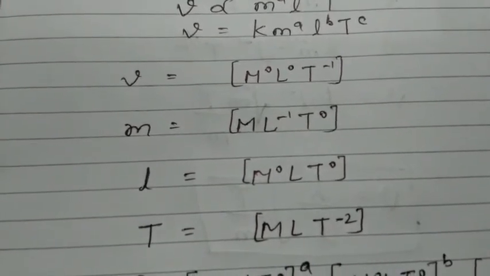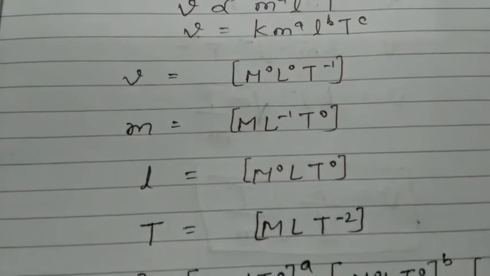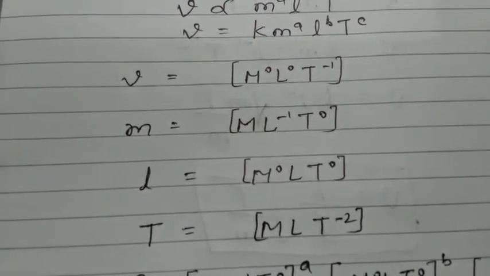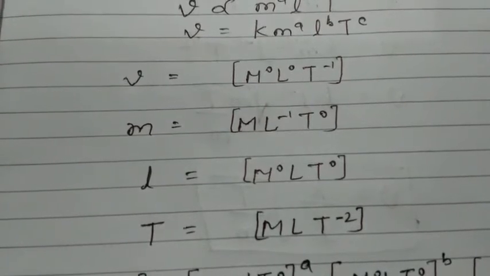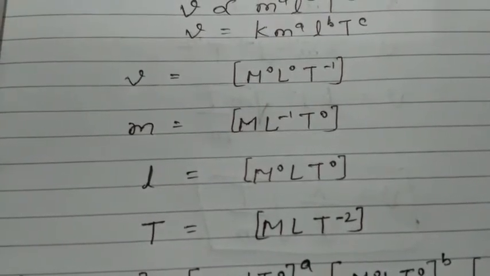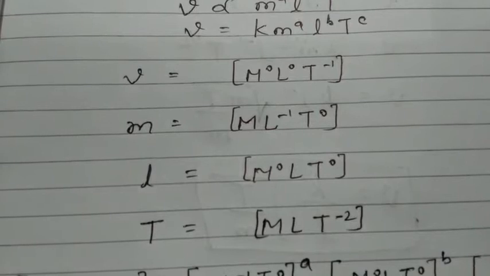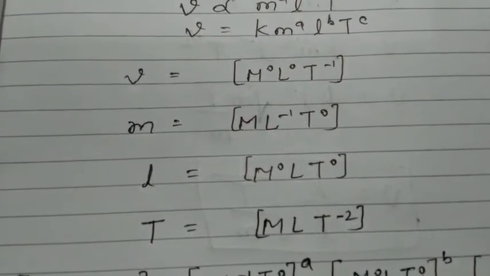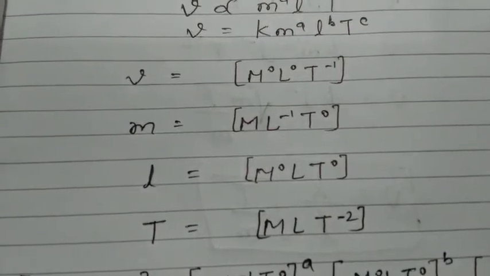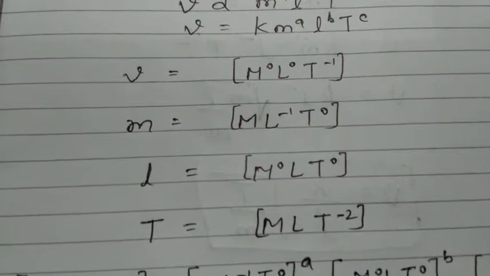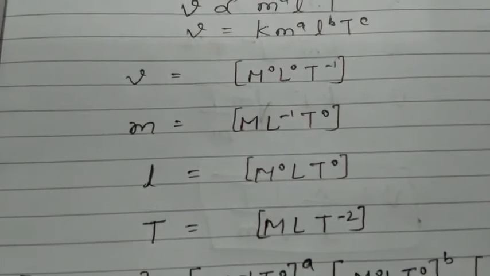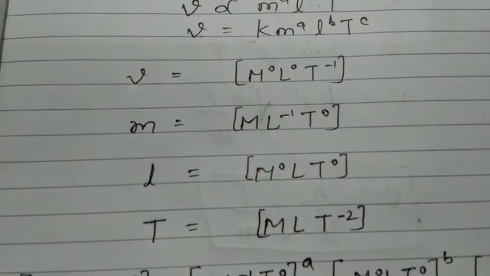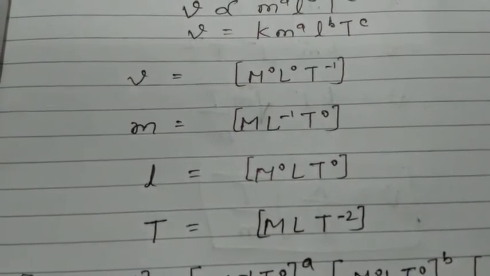So the dimensional formula of frequency will be M0 L0 T to the power minus 1. Then M here is mass per unit length, that means mass upon length. So the dimensional formula is M L to the power minus 1 T0. Why? Mass per unit length is there, so mass upon length becomes M L to the power minus 1.